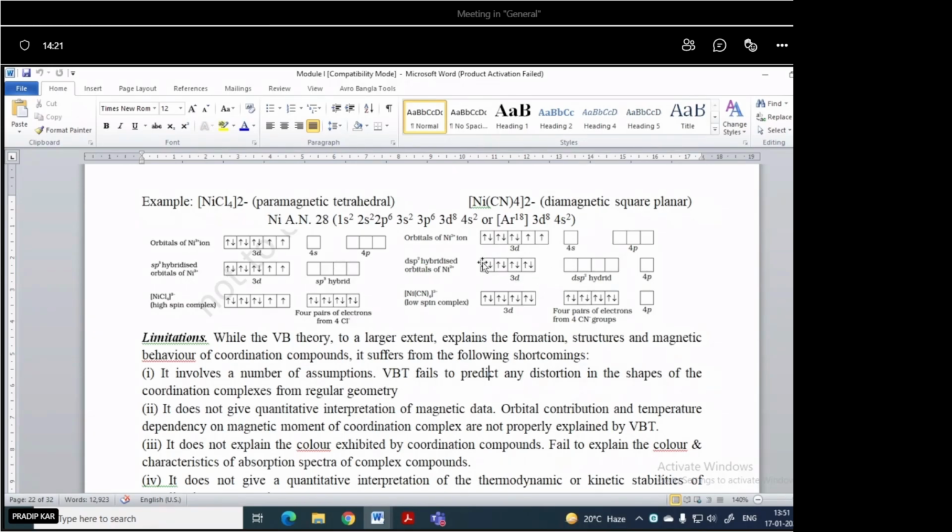All the electrons are paired up. That is why it will show diamagnetic nature, and as the hybridization is dsp2 not sp3, the geometry is also different, that is square planar.